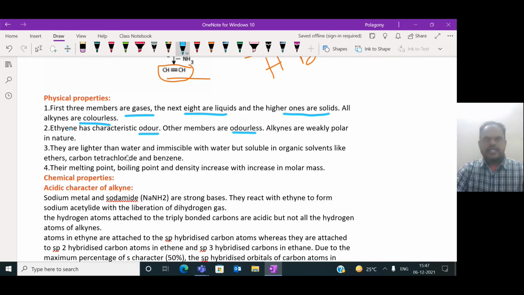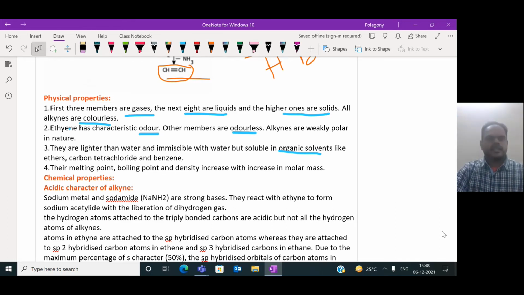They are lighter than water, so immiscible with water, but soluble in organic solvents like ethers, carbon tetrachloride, and benzene.